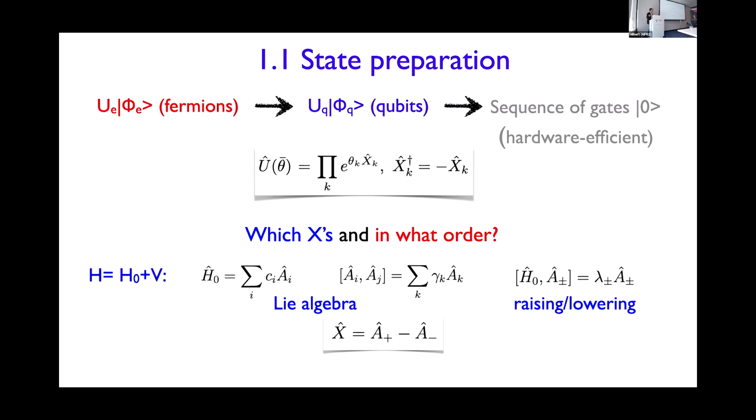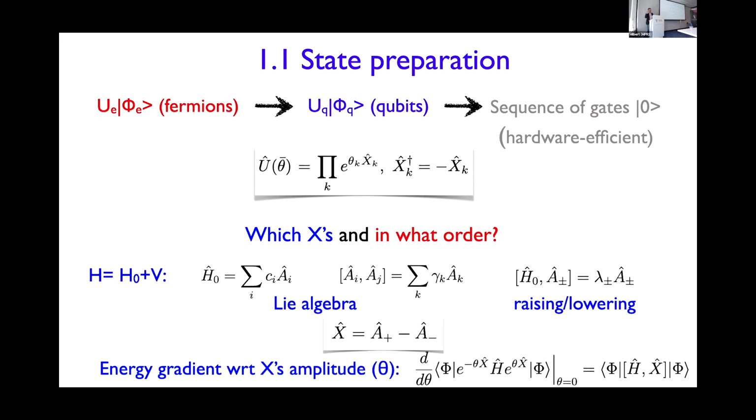There are still plenty of X's if you define them this way, and in order to make a final selection, we usually look at the gradient of energy with respect to the amplitude of X. That gives us a very simple and nice expression, which is the expectation value of the commutator, that can be estimated relatively simply using algebra to figure out which X's have a large gradient for the energy, and to avoid essentially barren plateau issues.